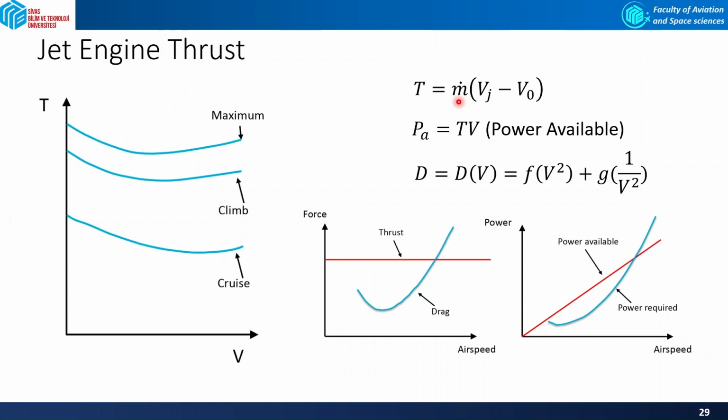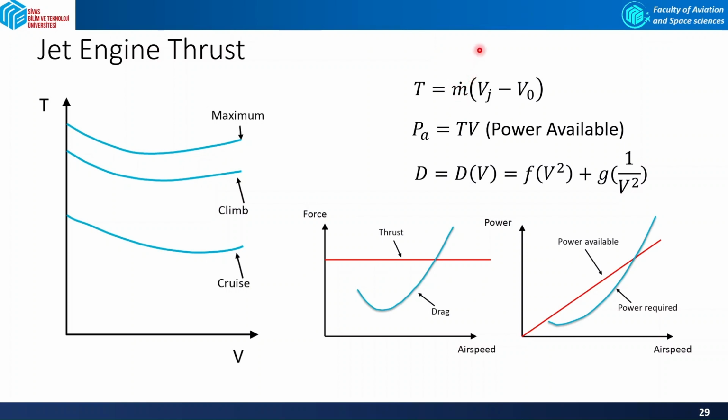Okay, we know that if we fly at higher speeds, maybe the compression in front of the engine will change a bit, but this is just a very small effect compared to the other effects that we have in here. So mass flow increases if you just increase the speed, but the velocity difference decreases actually.